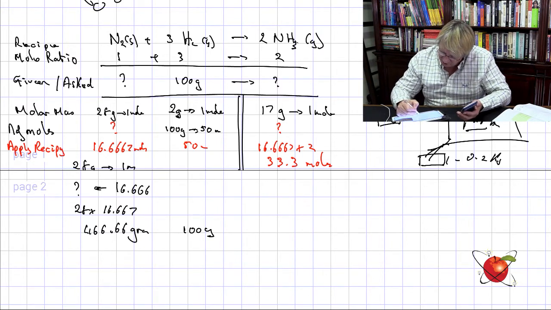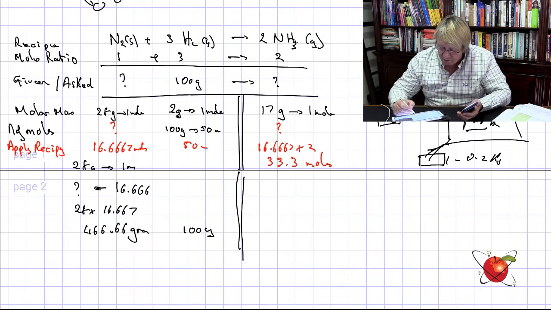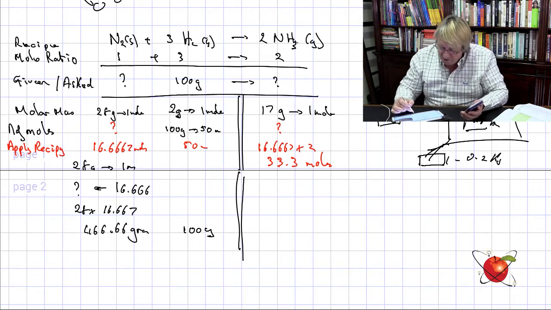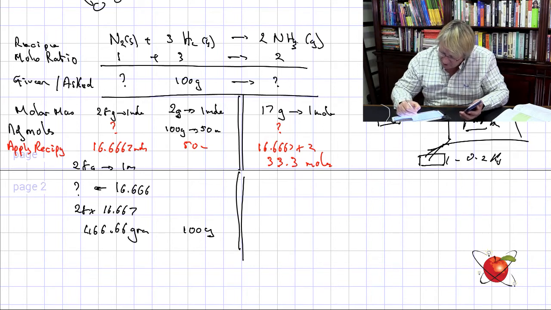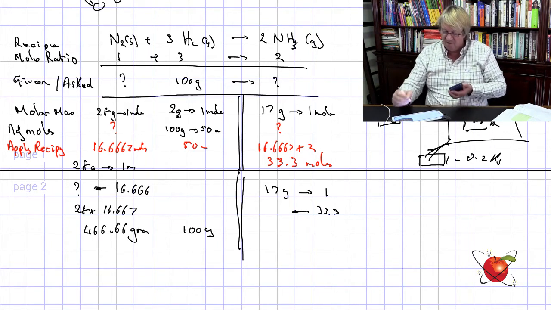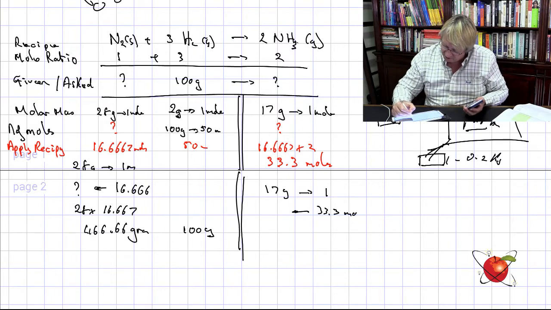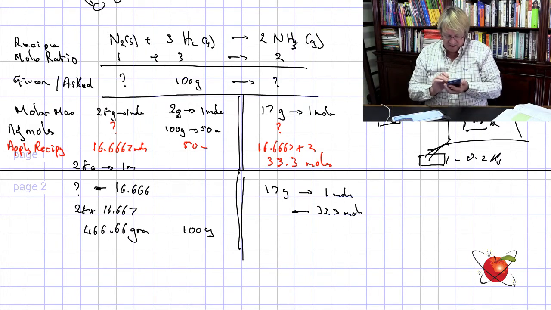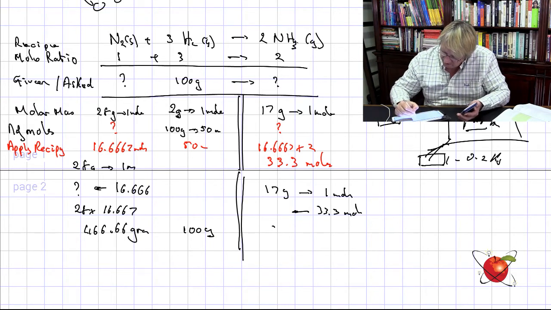Remember, I started with 100 grams here. And how much? Just extend my double line. 33.3 moles, right? We said, whoa, hang on, how many grams? Well, 17 grams is 1 mole, and I've got 33.3 moles. Therefore, I work back. It's going to be 17 times 33.333, which is equal to 566.666 grams.